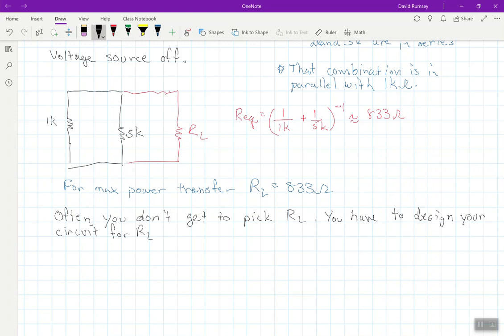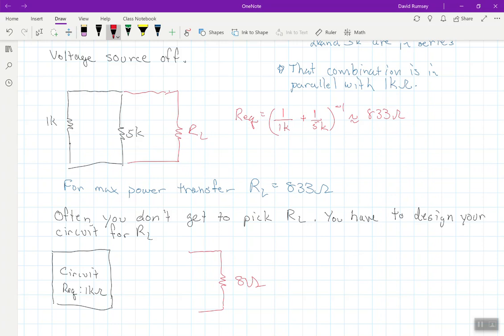What do I mean by that? Well, I'm going to finish this video with a quick example. I've got some circuit here, and Req of this circuit is 1 kilo ohm. And I want to attach this to an 8 ohm speaker.